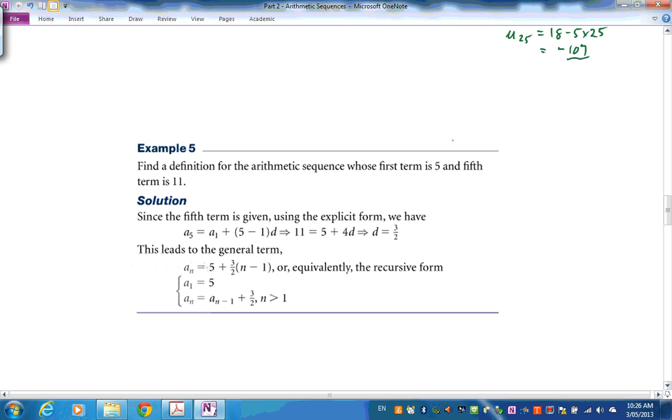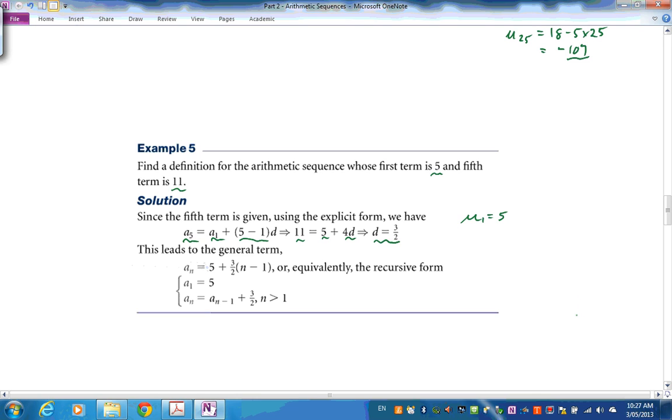Find a definition for the arithmetic sequence whose first term is 5 and fifth term is 11. So we know now that u1 is 5, okay, and that the fifth term is 11. So u5, here it is here, u5 is the first term plus 4 lots of d, and that has to come to 11. So if you solve that, 11 equals the first term, 5, plus 4d, rearrange here, get d is 3 over 2.